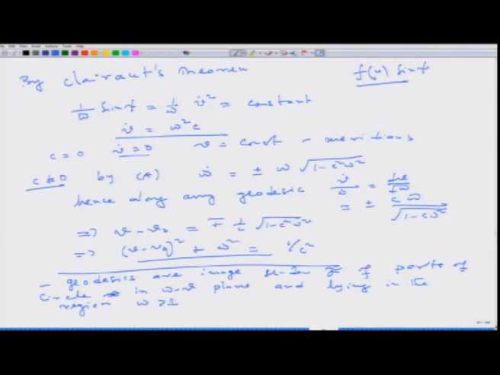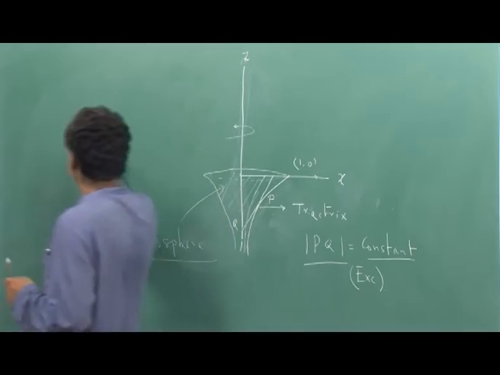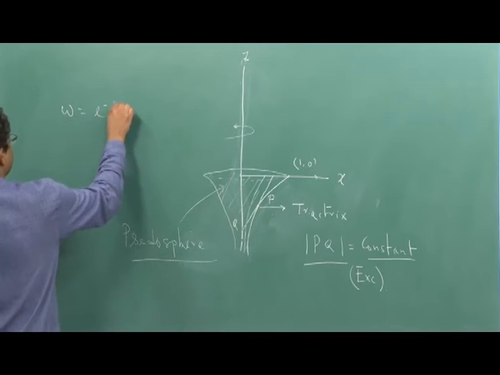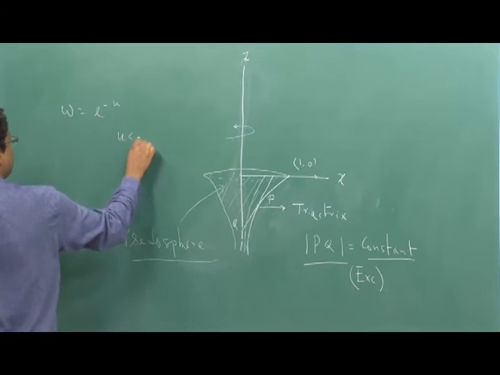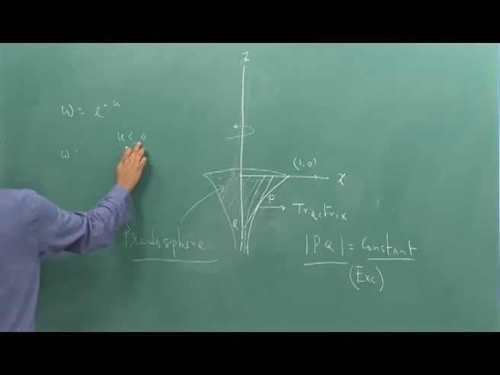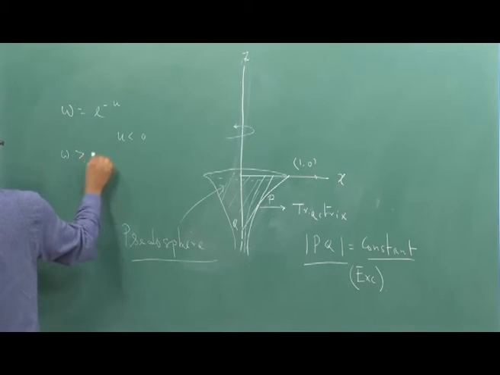Why? Because u is less than or equal to 0, and w is e power minus u. Remember, this was the reparameterization, so w is greater than or equal to 1.